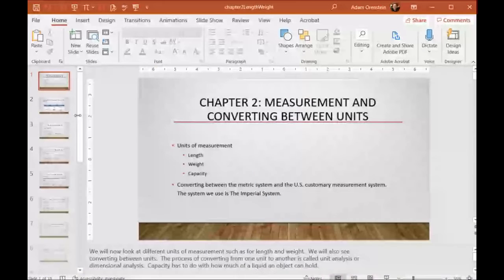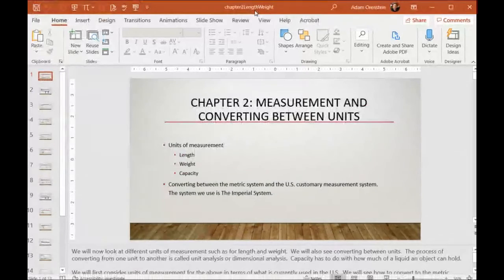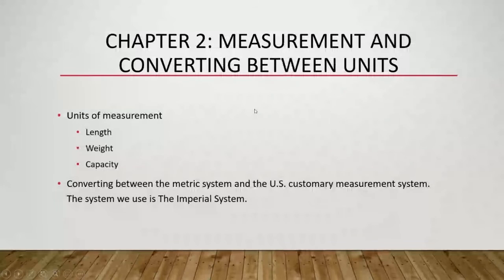So here we're now going to start chapter 2. In this chapter, we're going to look at different units of measurement that we can use for length, for weight, and capacity. Capacity is how much liquid an object can hold.